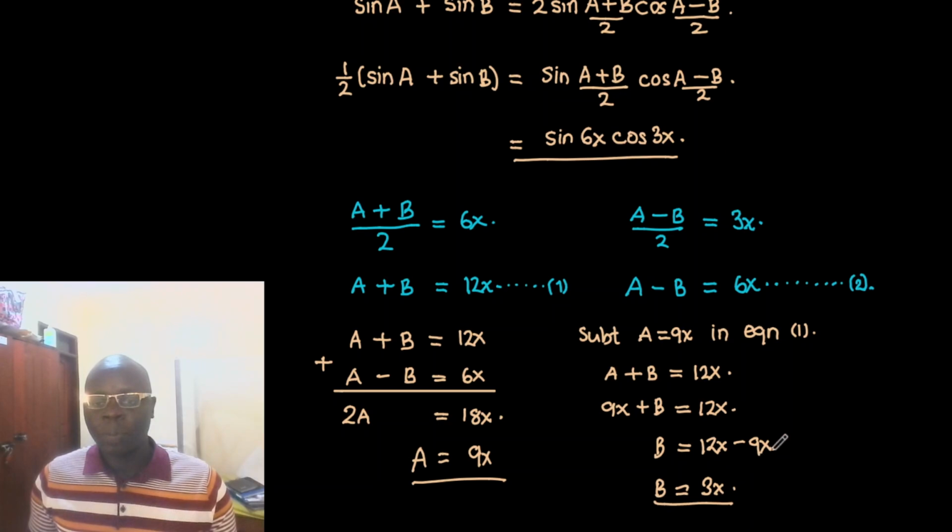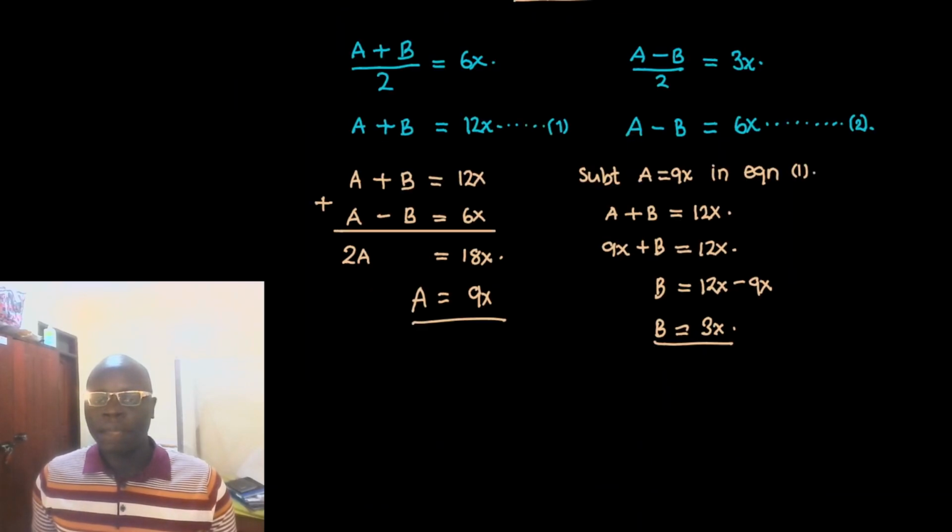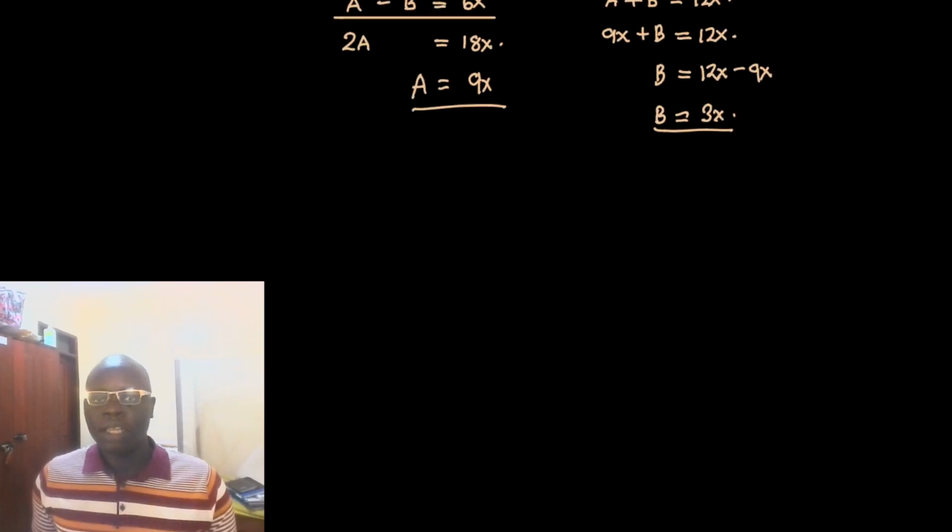So having gotten this, we can go on and also replace from what we have obtained up here. That is, in this stage here, we will replace all our a and b with the values we have just gotten here. So let's go on and do that in our next step.